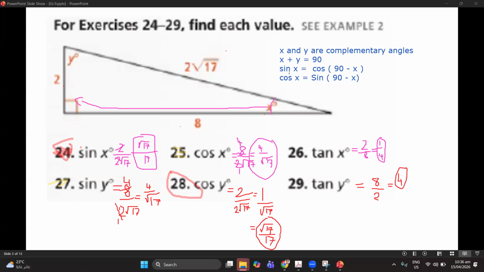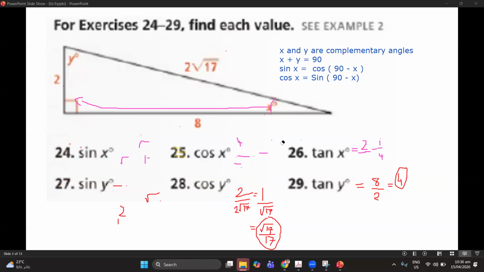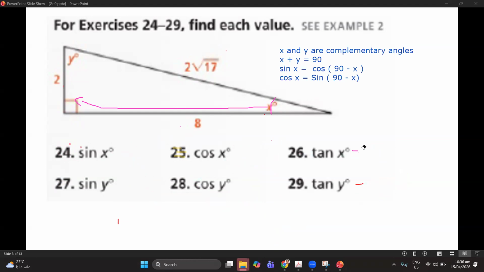So that's why sine of X now equals cosine of 90 minus X. How can I find sine of 40, as an example?